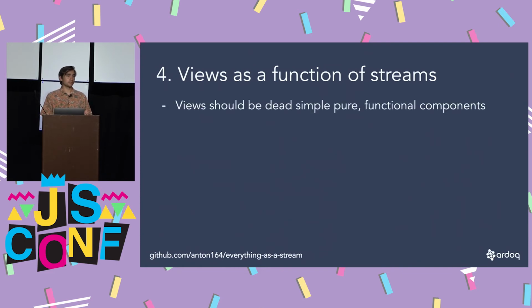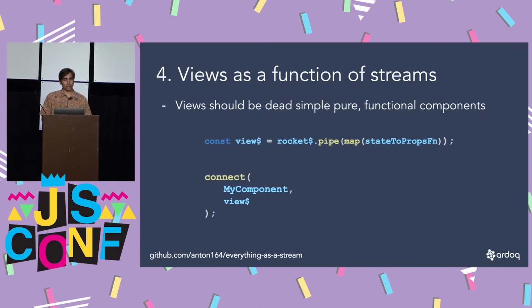Next we have views as functions of streams. I hope most of you agree that the views should be dead simple, pure functional components. It makes them decoupled from our business logic and easier to change later. So in our architecture, we have view streams that pipe state streams and prepare them for the view so that views can be as simple as possible.